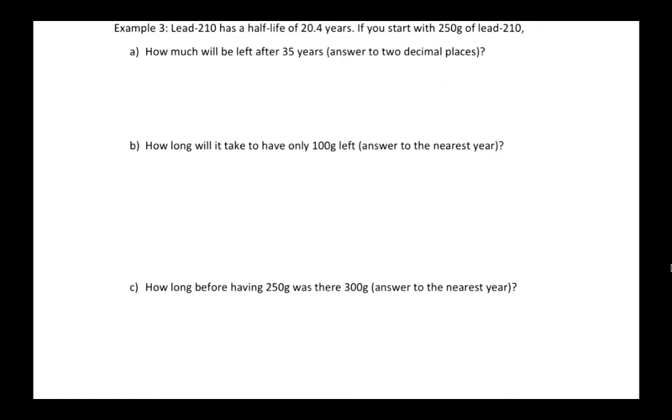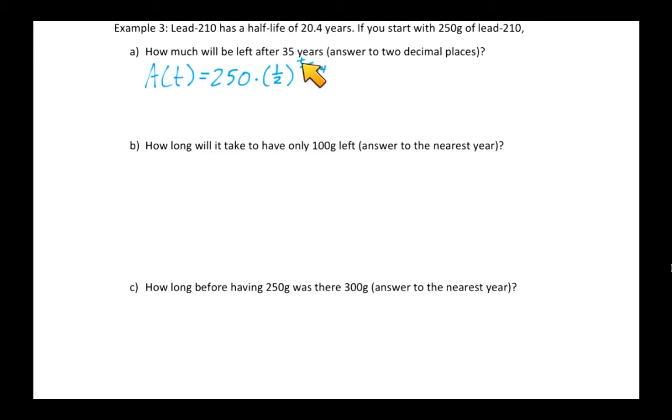So let's use an exponential function to model this situation. And here's what it would look like. So I'm using capital A to signify the amount of lead-210 left after T years is going to be the initial value, 250 grams. And we're multiplying by 1/2 because, of course, we're using half-life. So it's going to a half in 20.4 years.